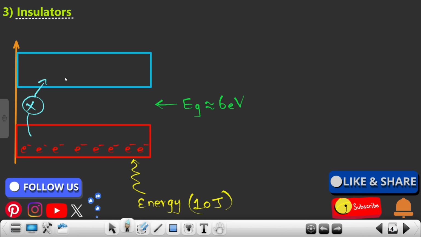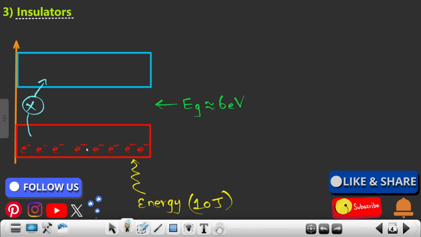So even if we apply a high voltage, maybe 10 volts, 20 volts, 30 volts, 50 volts, to an insulator, maybe a diamond, wood, or glass, electrons won't flow through it, and since the electrons are not able to flow, the current remains straight away 0. That is the logic behind the insulator.